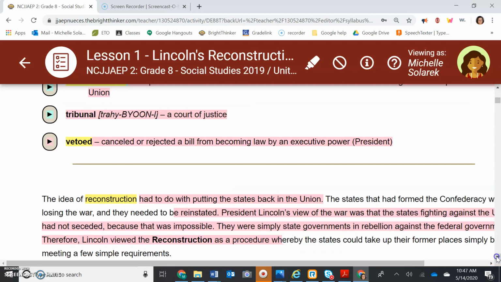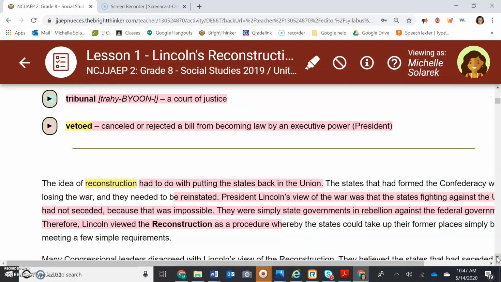Okay, so let's get ready to look at question 4. Question 4 talks about the states coming back into the Union. So we had the South and the North fighting, and the North was the Union, and they felt like they represented the U.S. government, and the South wanted slavery, and they didn't want to be a part of the U.S. government anymore.